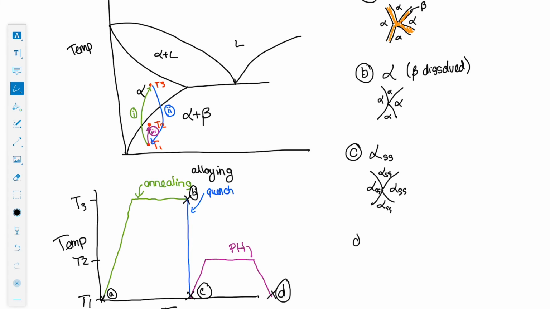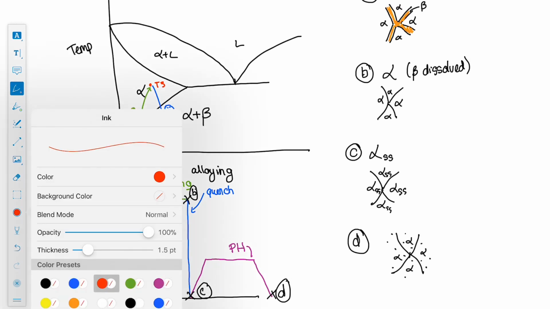And then when we heat back up, ideally we're going to get those nice dispersed precipitate particles. So I might color these actually.